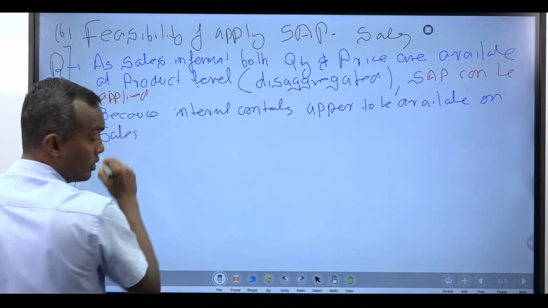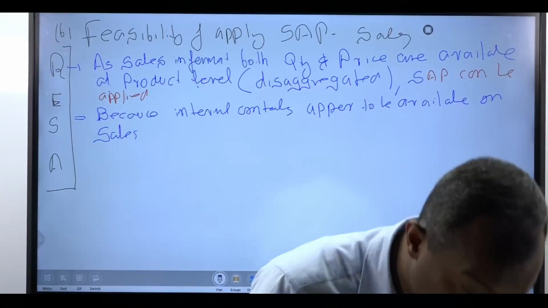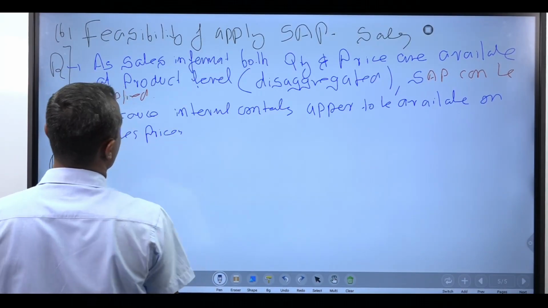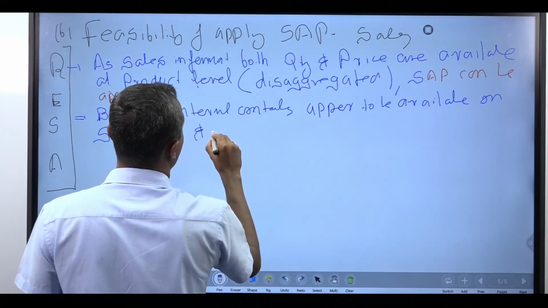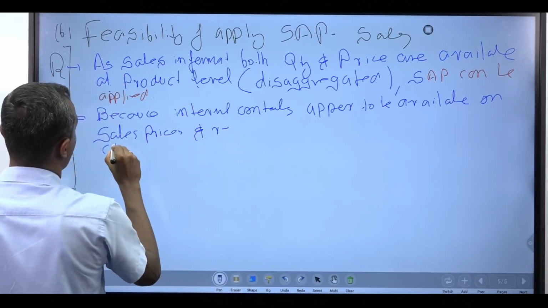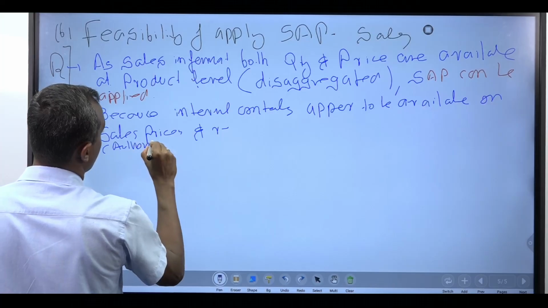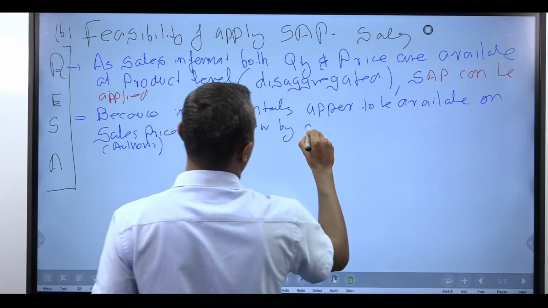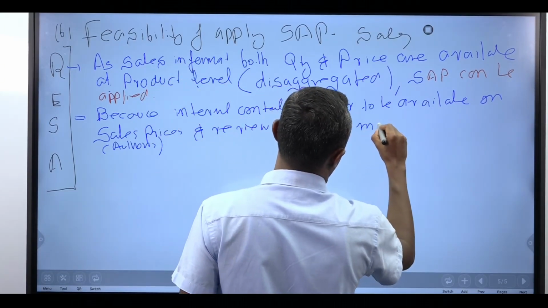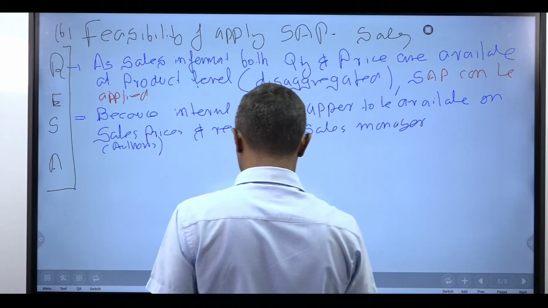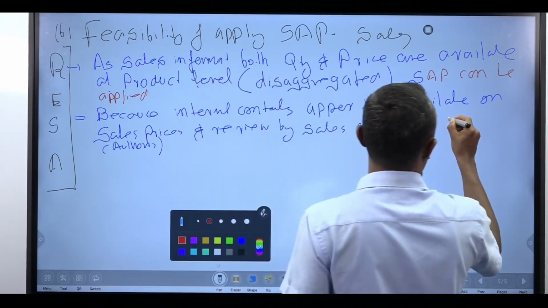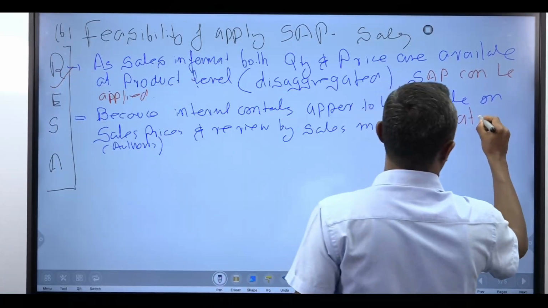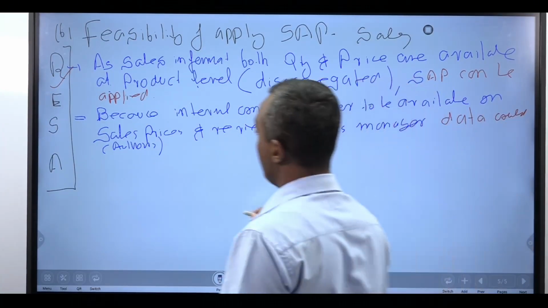That means price is approved. Now if you read the question, it says sales prices are authorized. Sales prices, right? And that is authorization, no? Authorization is available and review by sales manager. Then I am writing in red. Data could be considered as reliable. These are done. Data could be considered as reliable.